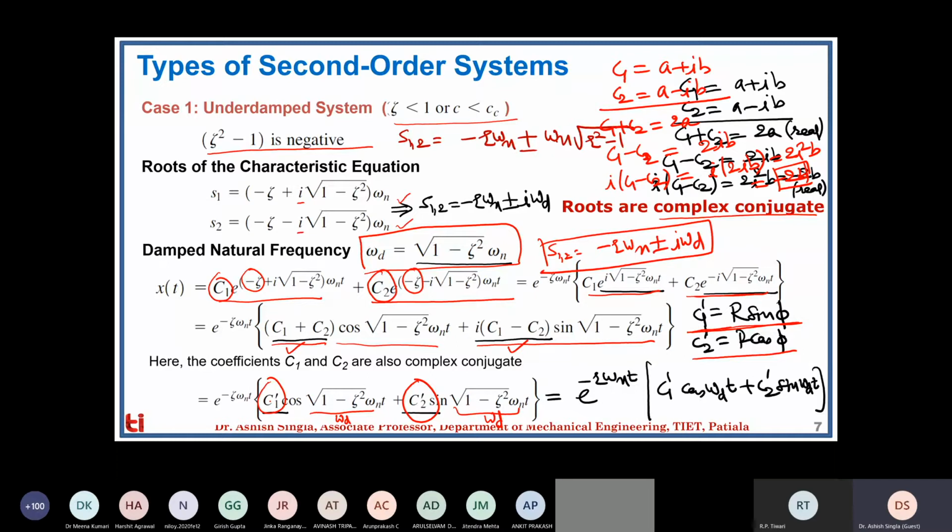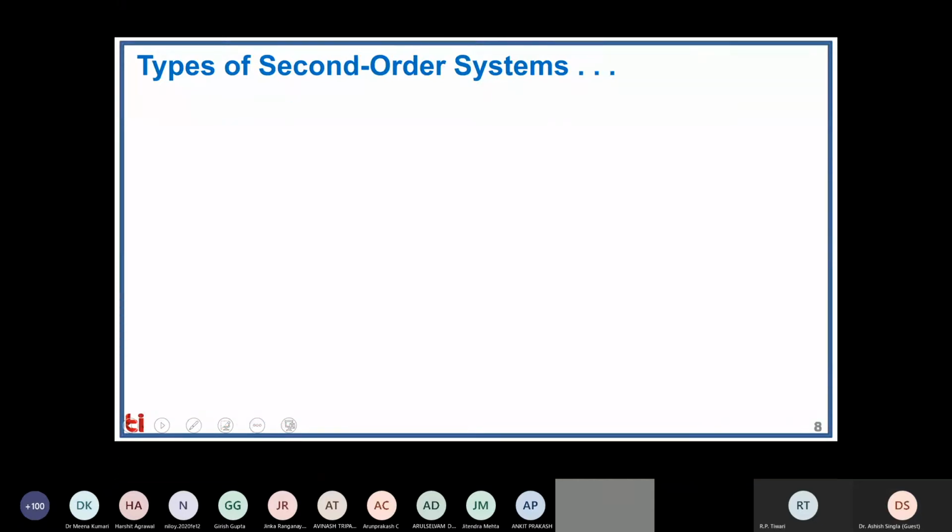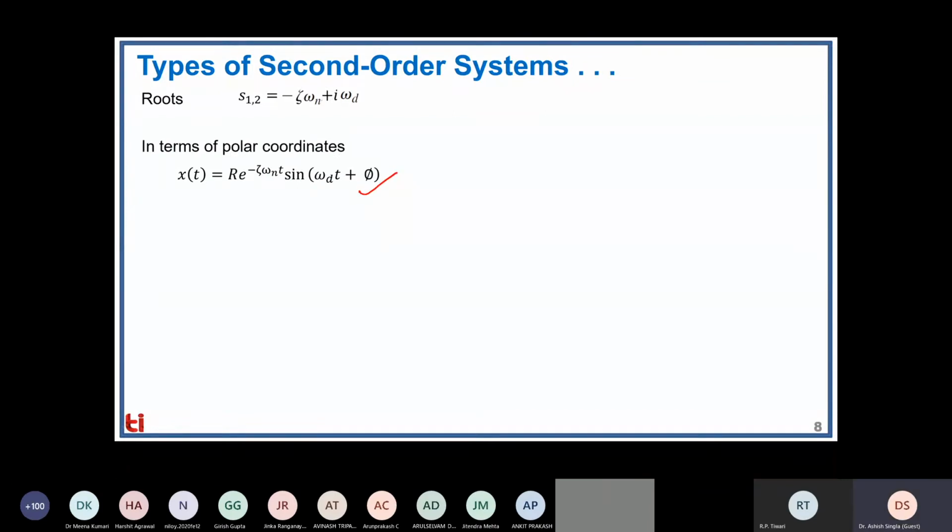And finally we can write the expression in terms of polar coordinates like this way, where R and phi are the two new constants which can be calculated like this way. R is equal to x naught divided by square root of 1 minus zeta square and phi is equal to tan inverse of square root of 1 minus zeta square divided by zeta.